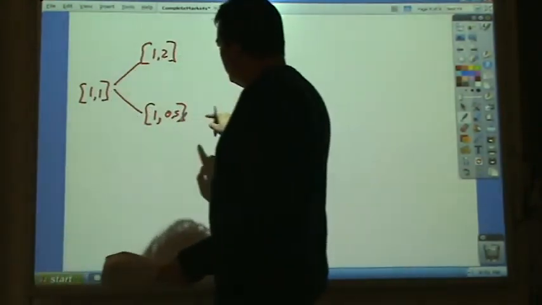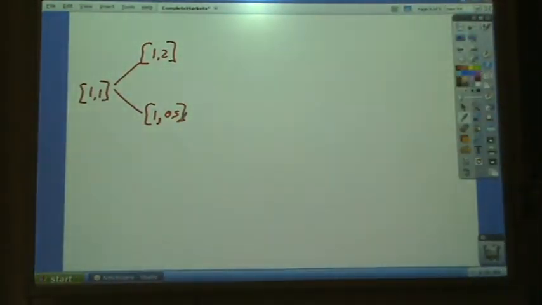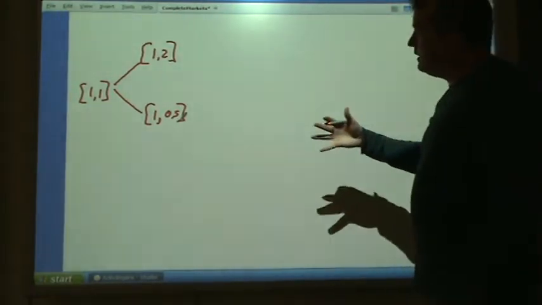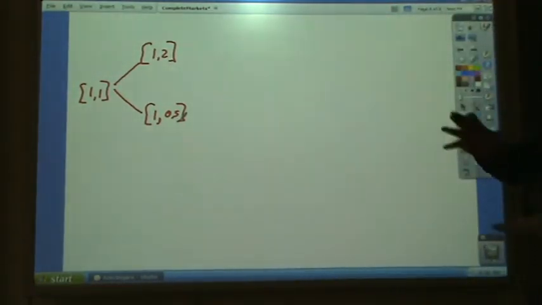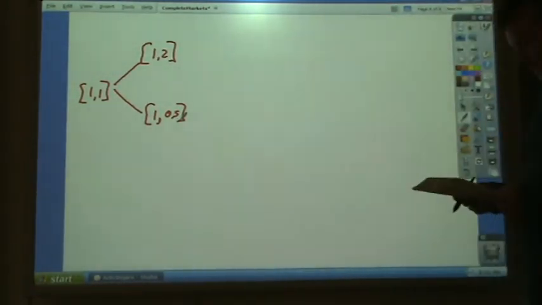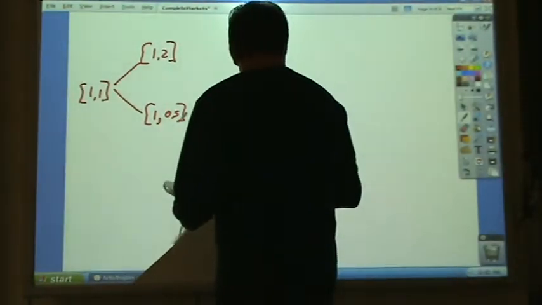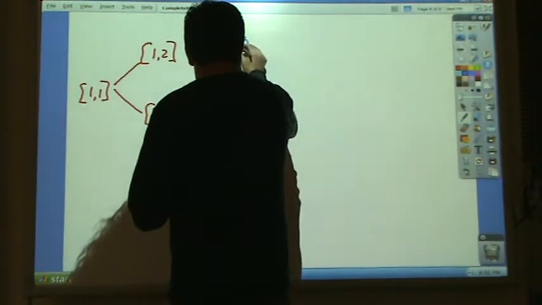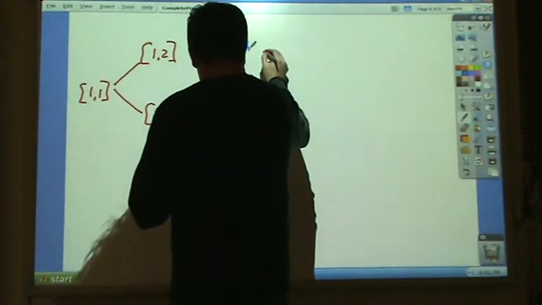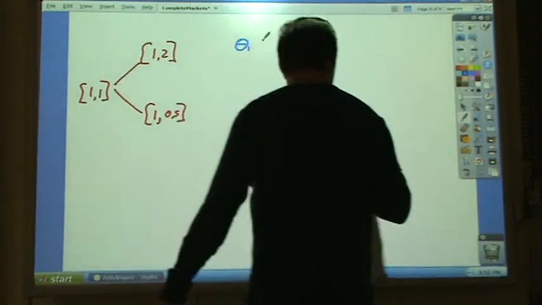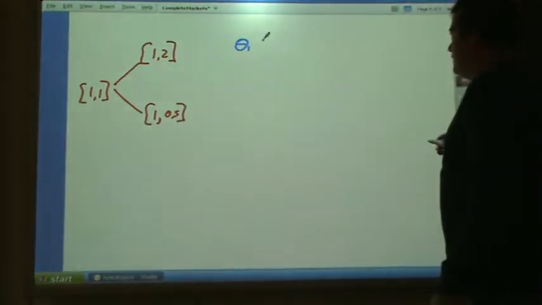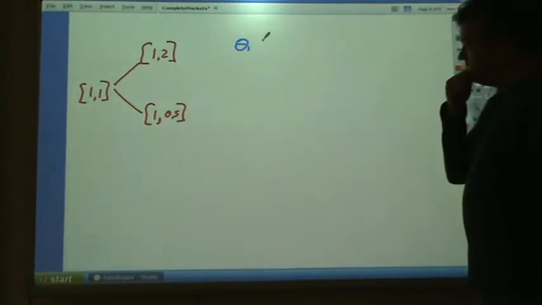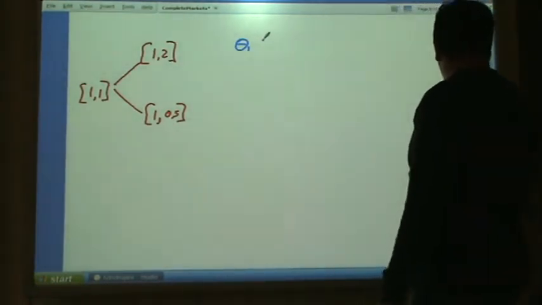So that's the market. Market could either go up or down. And we're allowed to buy, let's say, theta 1 units of the first one, and theta 2 units of the second one. So suppose we did this. Theta 1 units of the first one. Okay, now suppose we wanted to do this. Suppose we wanted to say, how much money should we invest?